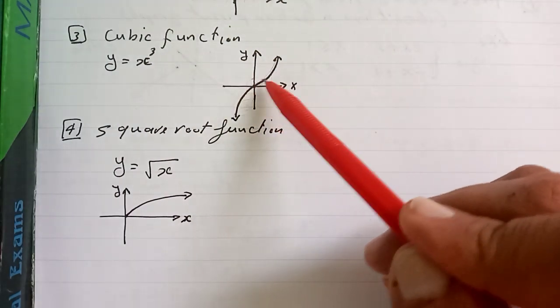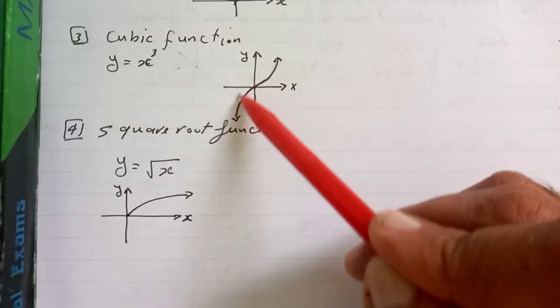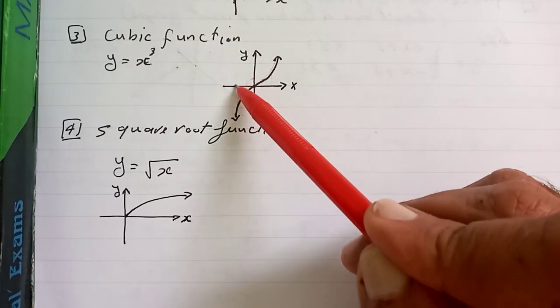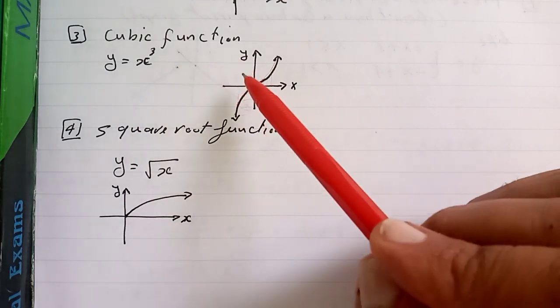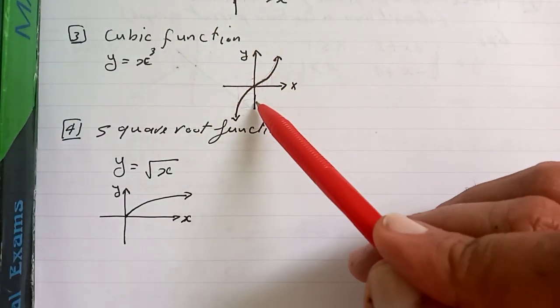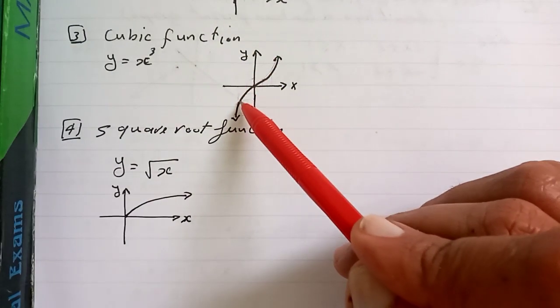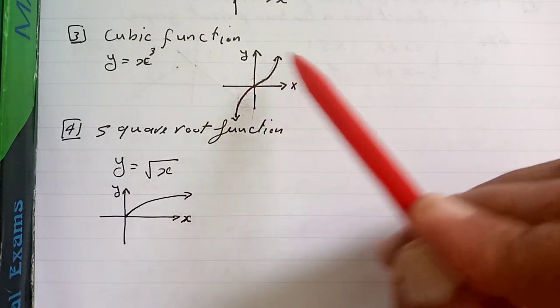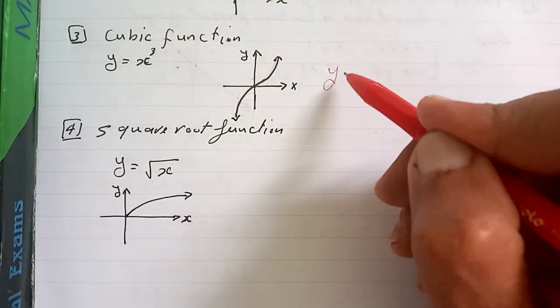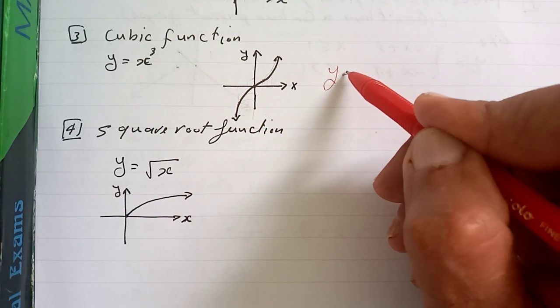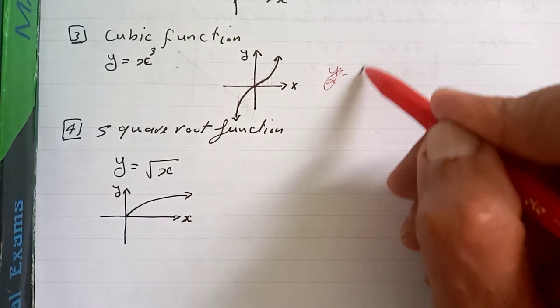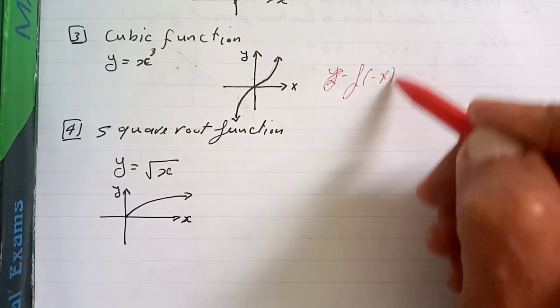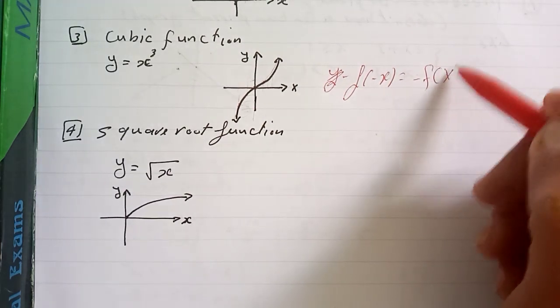It is an odd function. Why? Because f(negative 3), for example, means negative 3 cubed, which is negative 27. So f(negative x) equals negative f(x).